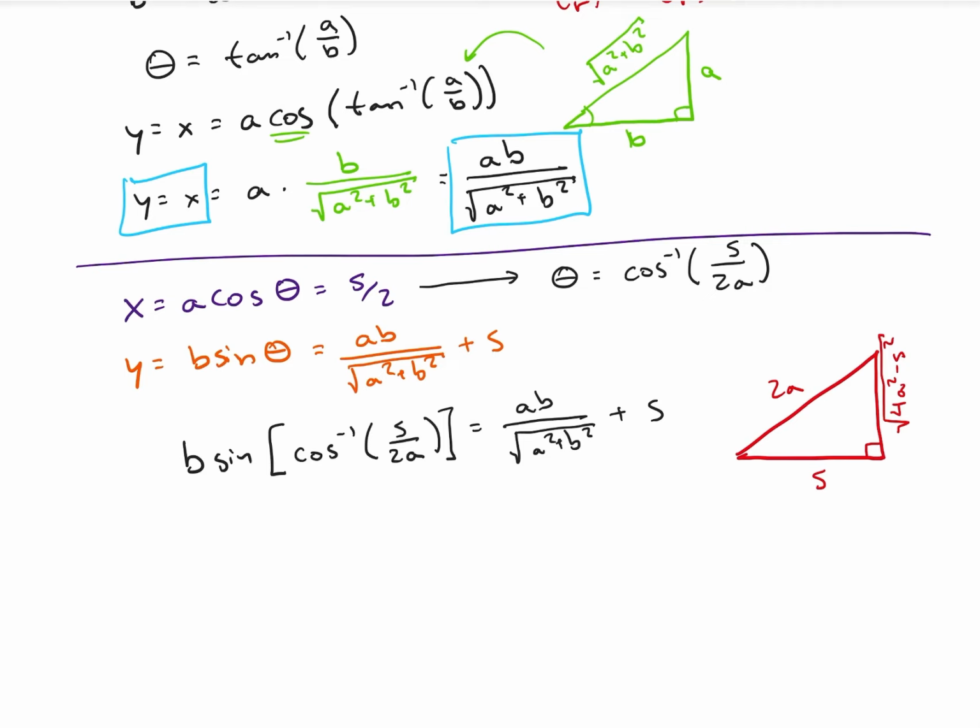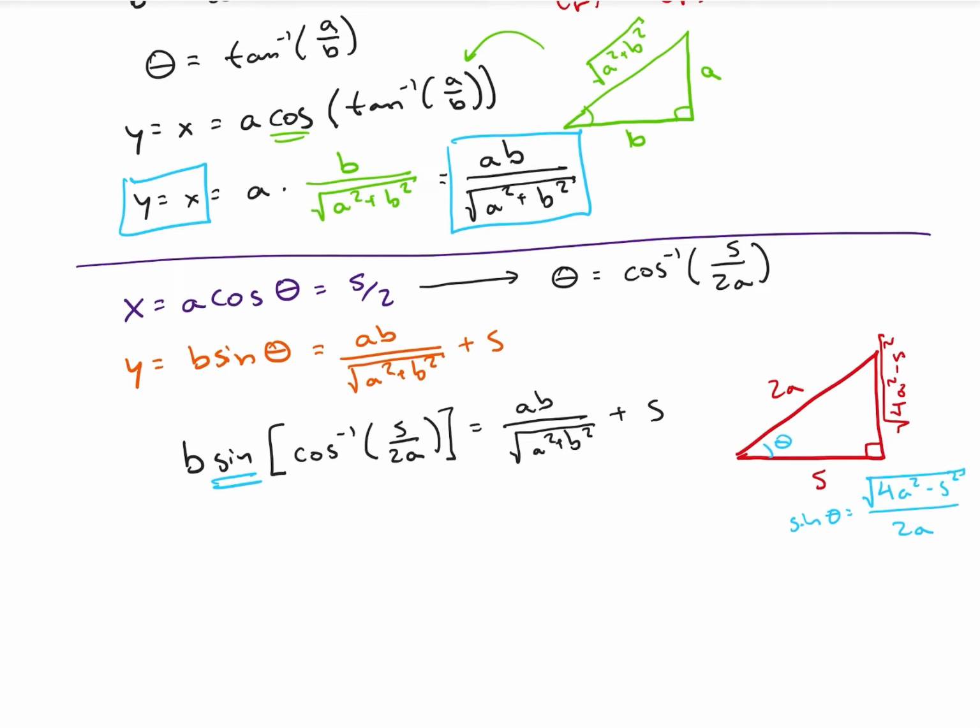If I wanted to find the sine of that triangle, the sine of that angle is going to be the square root of 4a squared minus s squared divided by 2a.